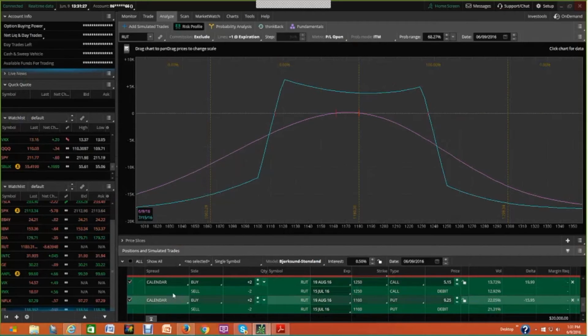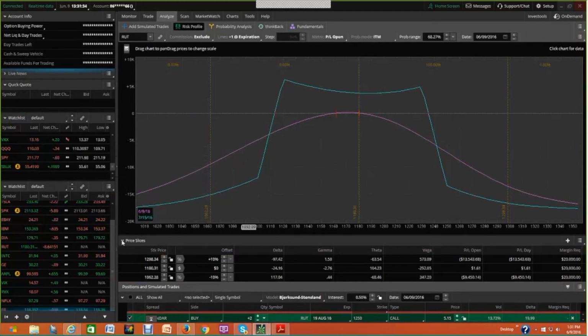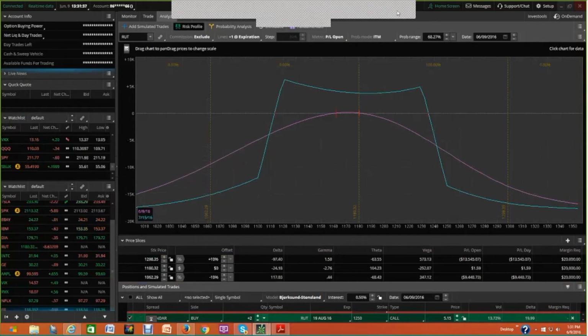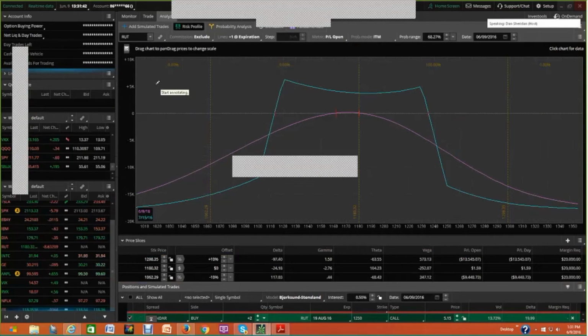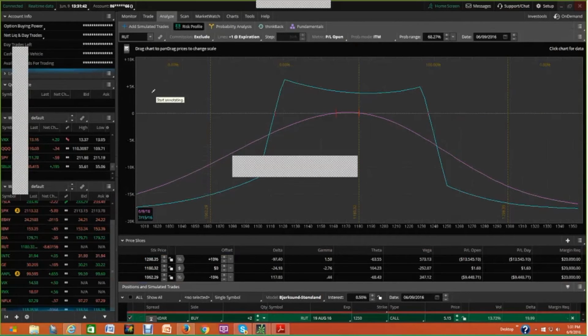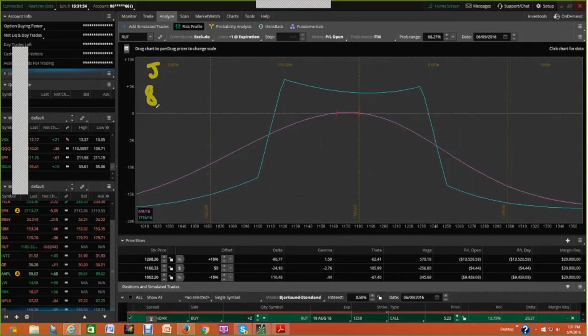And so now this is what the new graph looks like, right? Stay with me. All right, so now this is our trade. We have 8 in July of the 1250s, which we're buying.